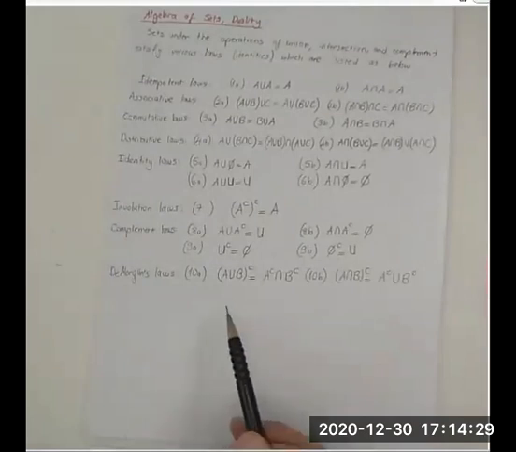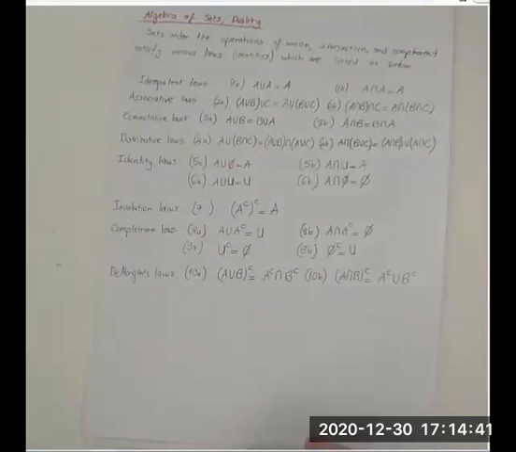So these are some summary of the last lecture also. And as you see, the De Morgan laws are like the logical law, and maybe we can mention some theorem in that chapter.